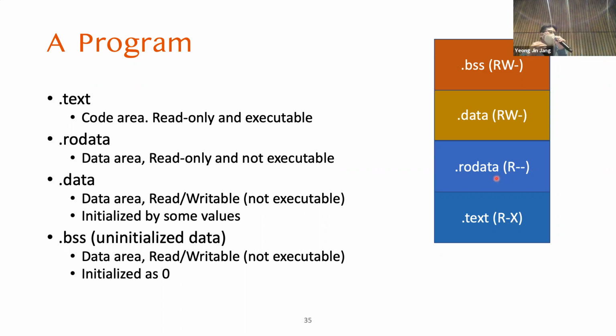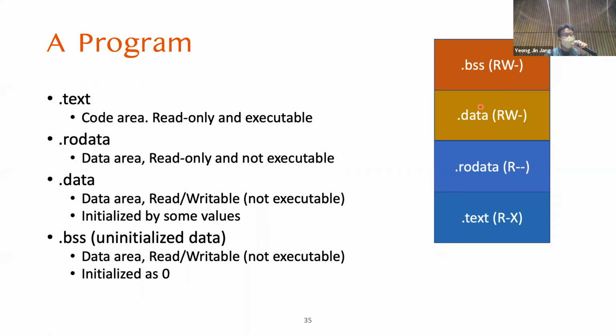And there could be some read-only data, for example, string literals in the code, such as error messages or something like that, that do not have to be changed. So we put that in a read-only area. But some other data you need to manipulate, so it requires write access.